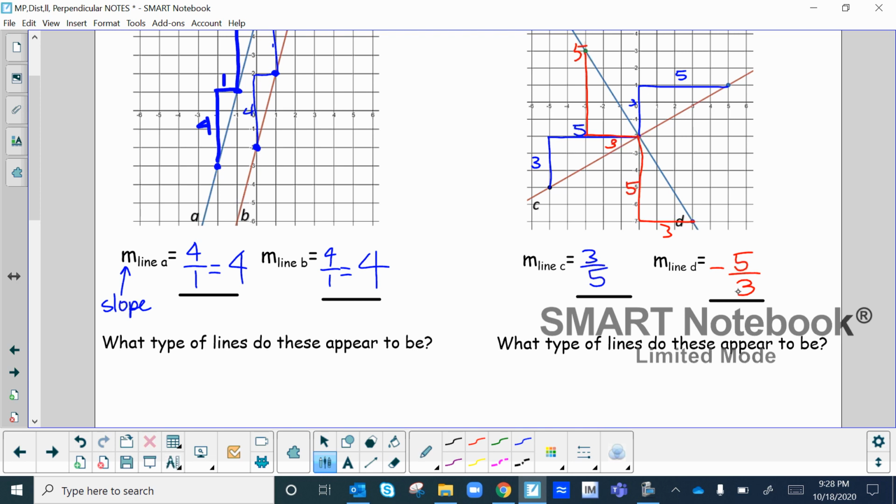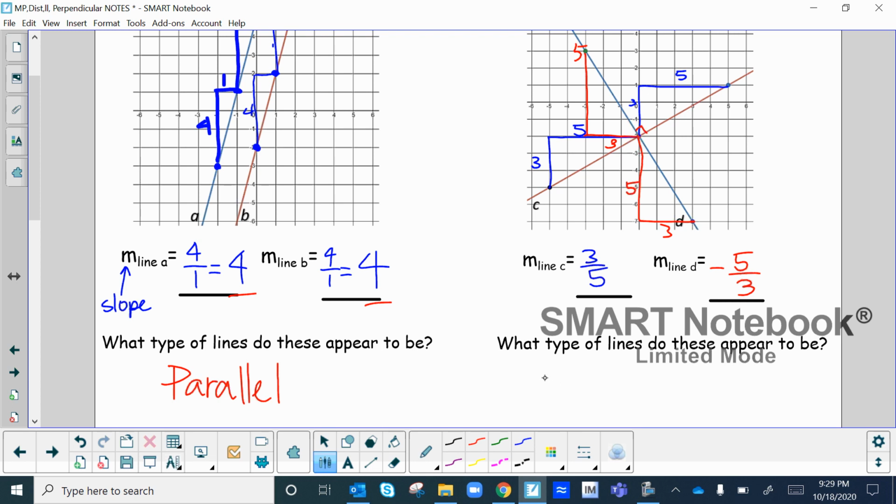Okay, so these two first lines, A and B, they appear to be parallel. Okay, they're running side by side. They have the exact same slope, so I would assure that that is indeed parallel. Over here, what do these two lines appear to be? That's pretty close to a 90-degree angle right there, the way these two lines intersect.